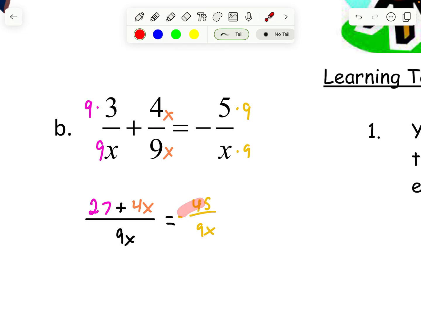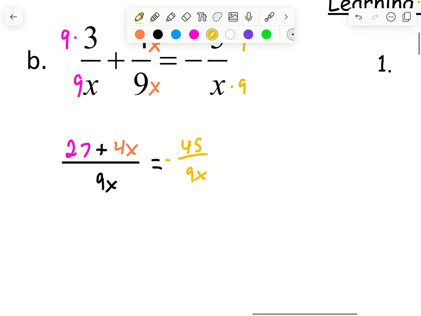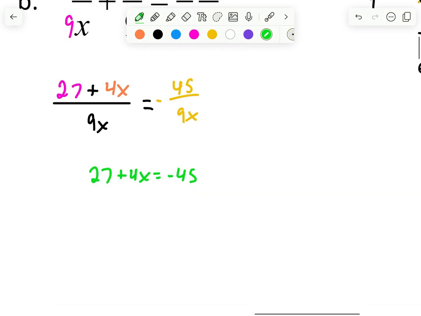Typically just put it in the numerator, that way your denominators stay the same. And so now since our denominators are the same, we can just set the numerators equal to each other. 27 plus 4x equals negative 45. Subtract 27, and you get 4x equals negative 72, so x equals negative 18.